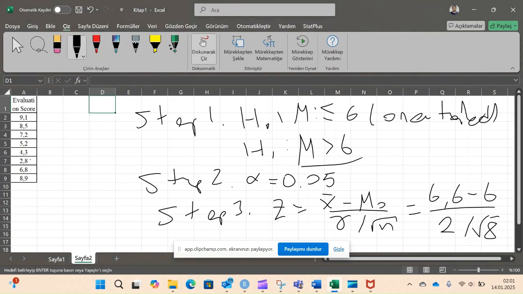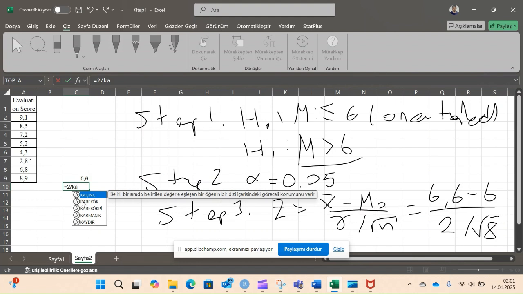which is 8. Okay, so I will calculate here 6.6 minus 6, which is 0.6, and then the lower side of the formula, 2 divided by the square root of 8.